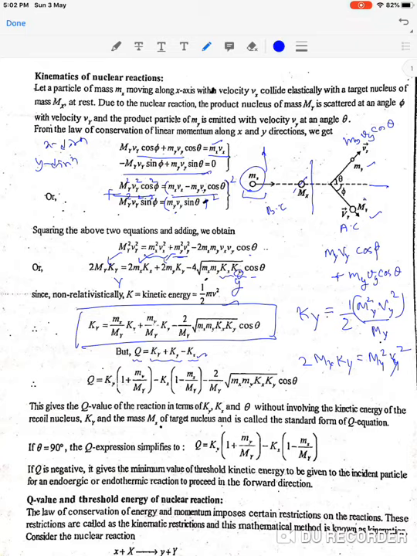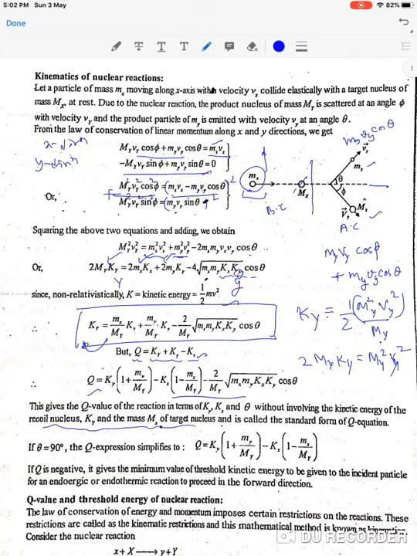Now if I write this equation and bring these things to the left hand side, then I will have Q on the left hand side with respect to these things. Now this is actually the Q value. This gives the Q value of the reaction in these terms without involving the kinetic energy of the recoil nucleus and the mass of the target nucleus.